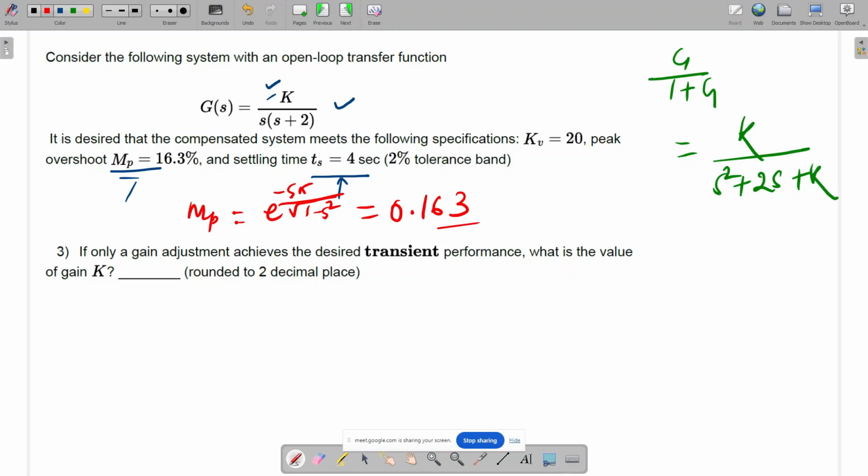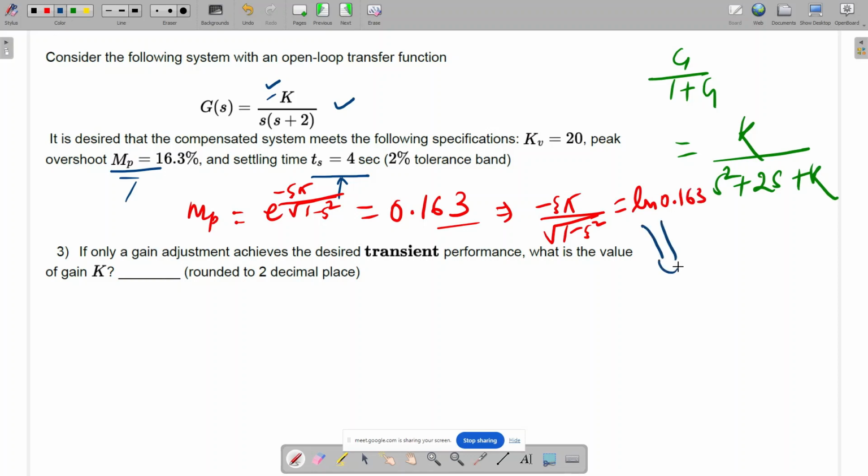Here ln e will be equal to 1. So minus zeta pi by square root of 1 minus zeta square is equal to ln 0.163. Is it correct up to now?